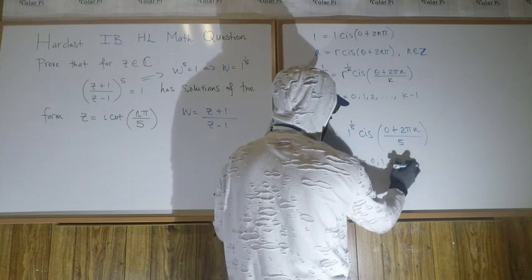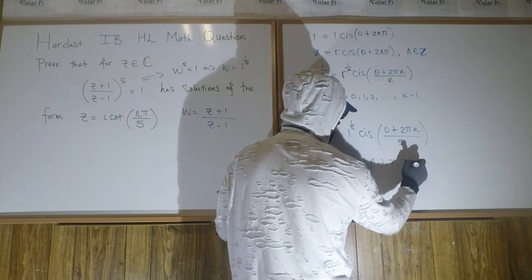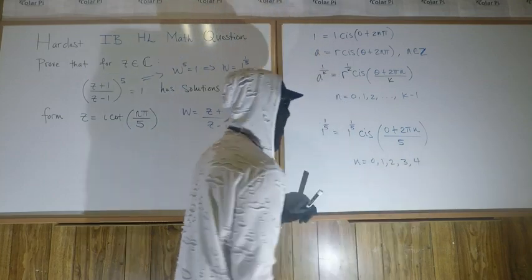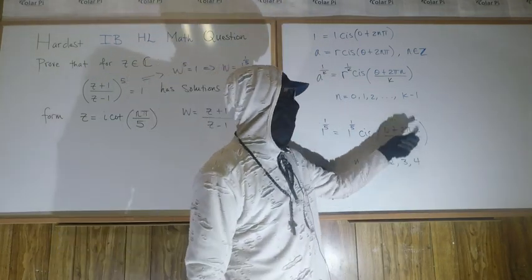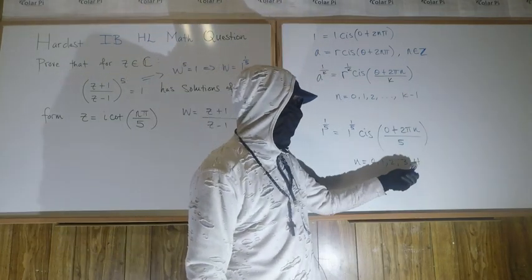I should have written that k is 5, so let's replace k with 5. It doesn't go to 4, sorry, it goes to k minus 1, so it's 5 minus 1, therefore 4.